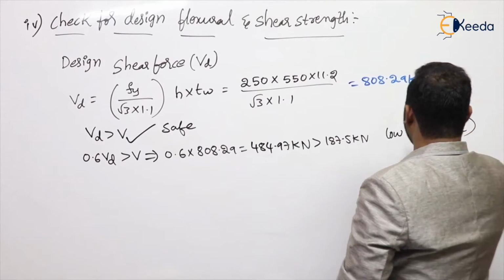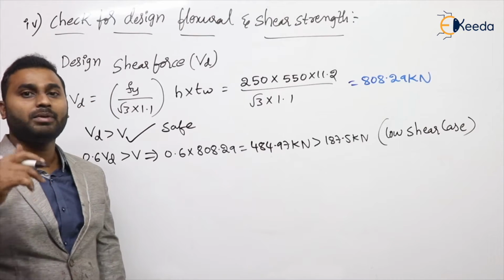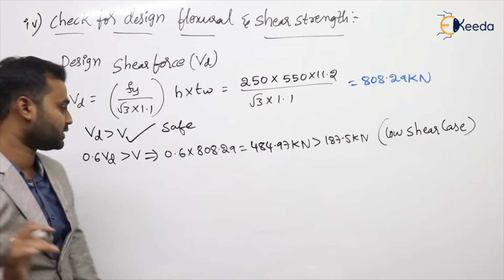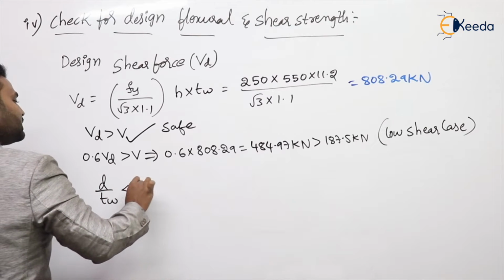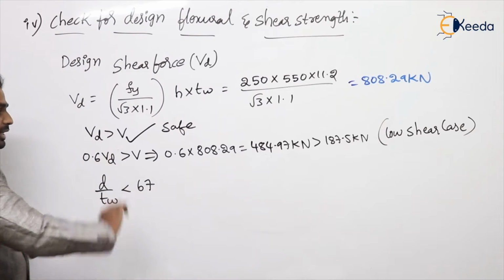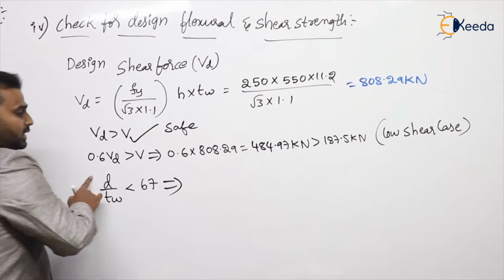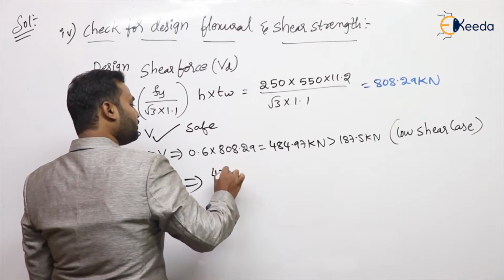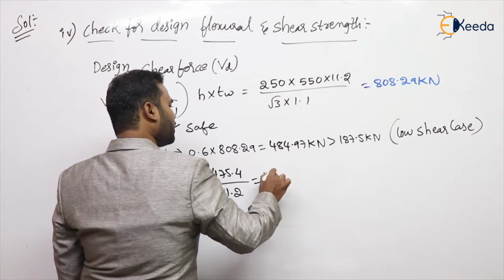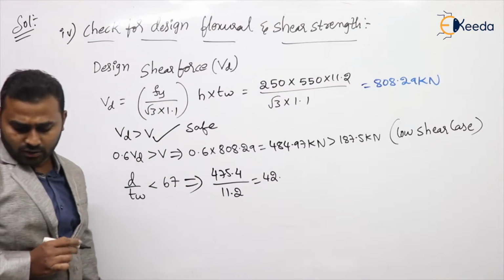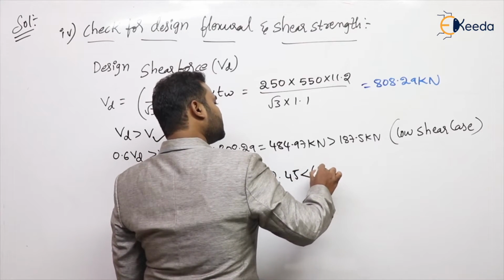One more check that is required is web buckling. We need to check whether the web is going to buckle or not. If D by TW is less than 67 epsilon, and since it is mild steel, simply write 67, then there is no web buckling. Now, D we have already calculated: 475.4 divided by 11.2, which comes out to be 42.45, less than 67.